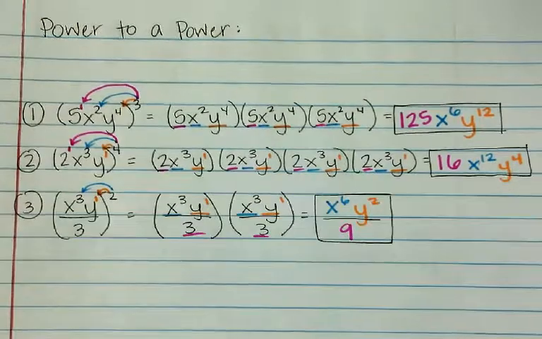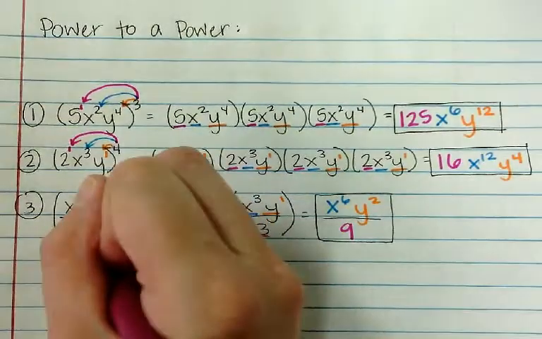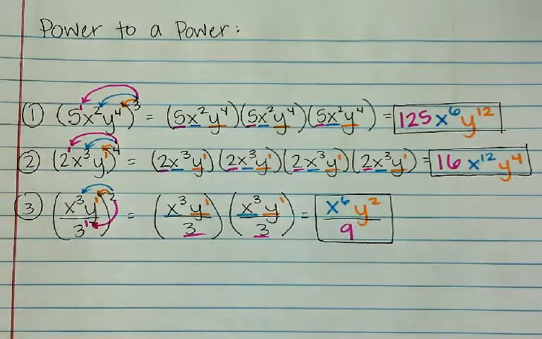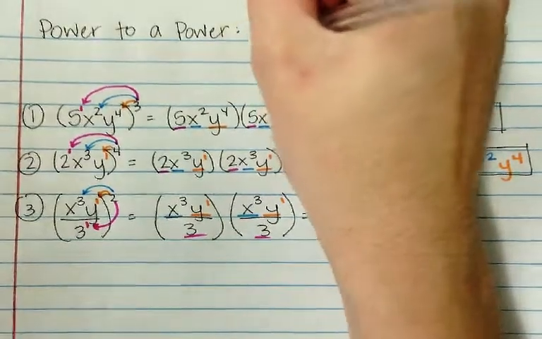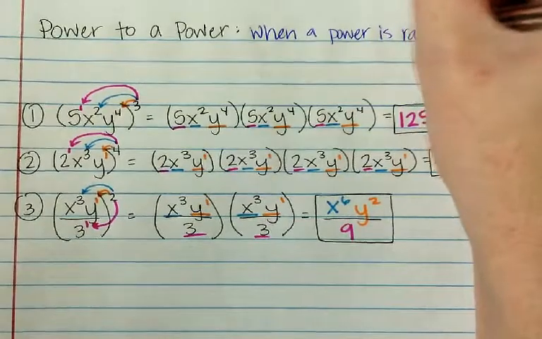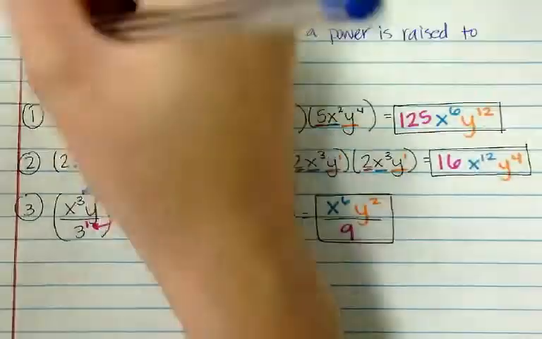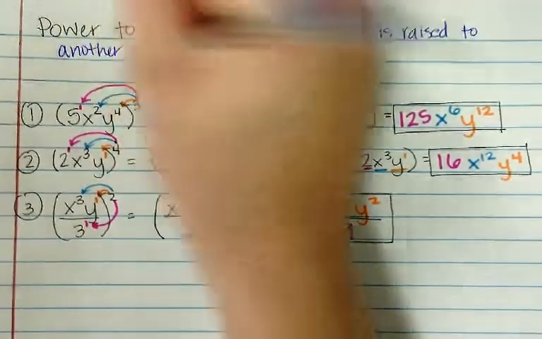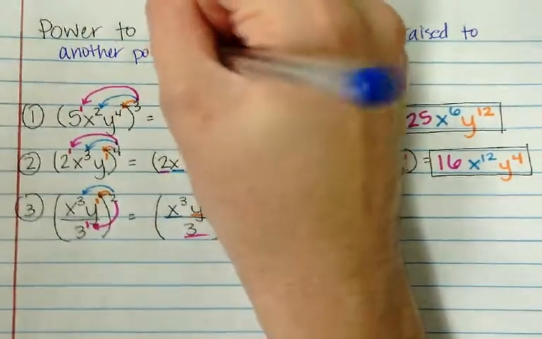All right, guys? So the rule that we come up with for the power to power rule is when a power is raised to another power, keep the base and multiply your exponents. Okay?